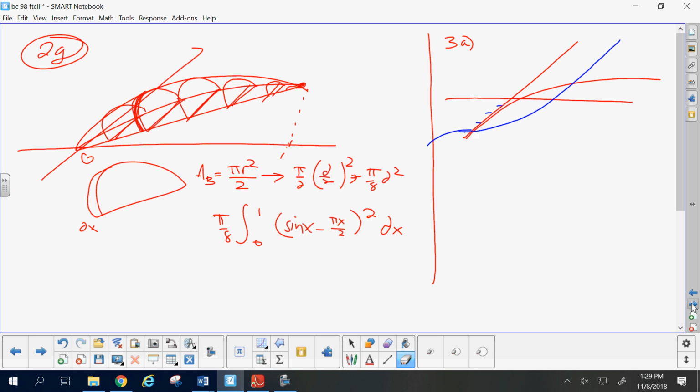Yeah, because I got a different answer. Did you put pi x over 2 or 2 over pi? 2x over pi. Now, I definitely wrote in my work the wrong one, pi x over 2, but it should be 2x over pi. I got 0.084.